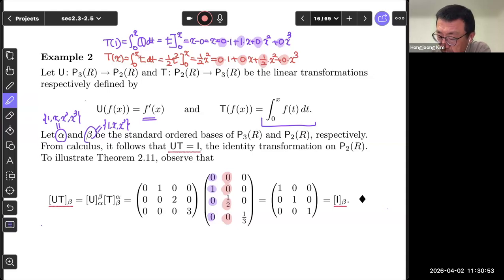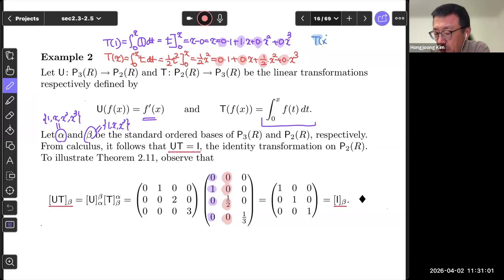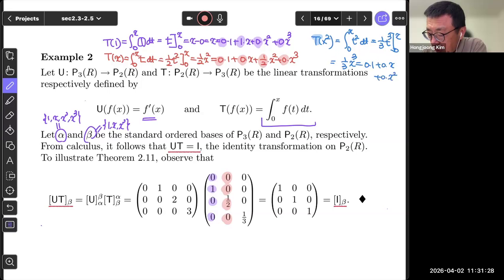And T of x squared will be t squared integrated from 0 to x. So you evaluate 1/3 of t cubed at 0 and x, and you get 1/3 of x cubed. So that is 0 times 1 plus 0 times x plus 0 times x squared plus 1/3 times x cubed.